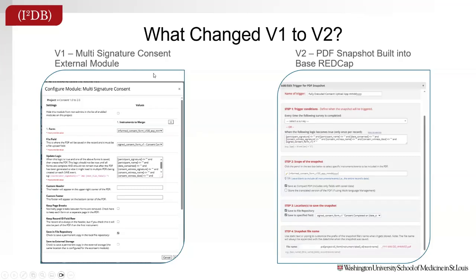So if you've set one of these up before, this should look familiar to you. Essentially, this has been moved into the built-in tools, this PDF snapshot tool specifically. And it's built into what we would call base REDCap, meaning the base code of REDCap.